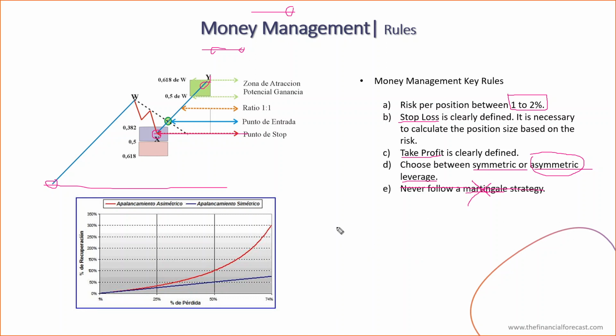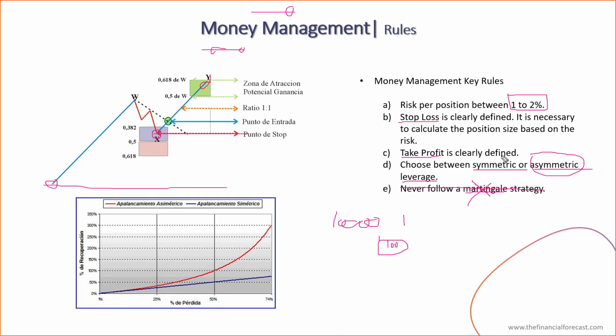Yeah, you have a starting point. If you have 10K, 10,000, and you want to risk 1% of it, so we are risking 100. Why do we risk 100 all the time? Doesn't matter if I win or if I lose.